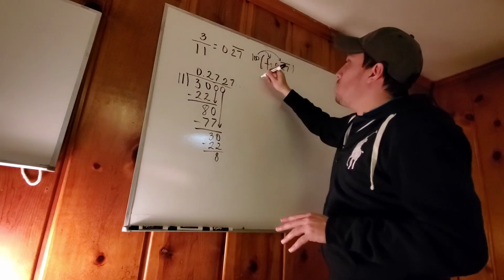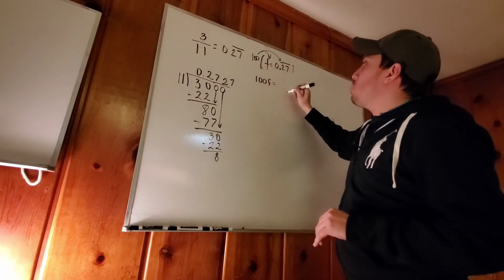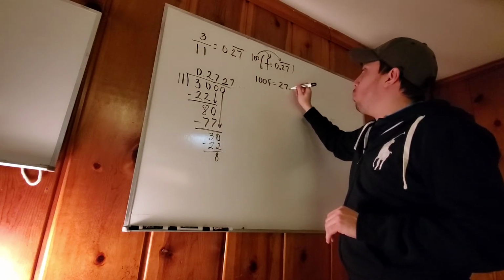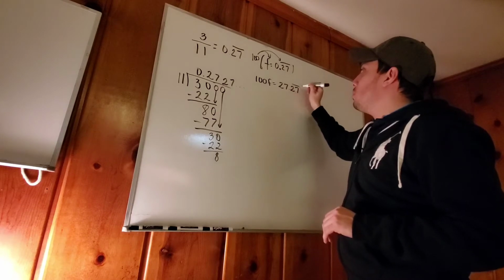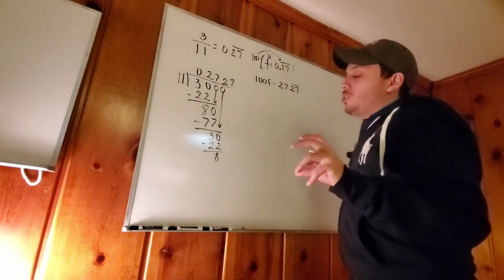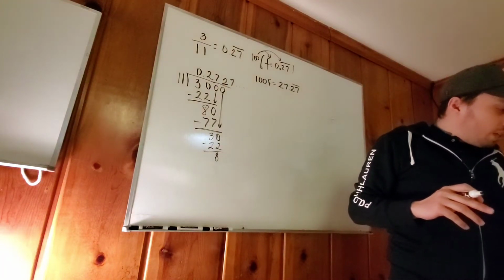And so 100 times f is 100f. And 100 times 0.27 bar is going to be 27.27 bar. Okay? Wait a second, but that doesn't really tell us much, but you have to understand something.